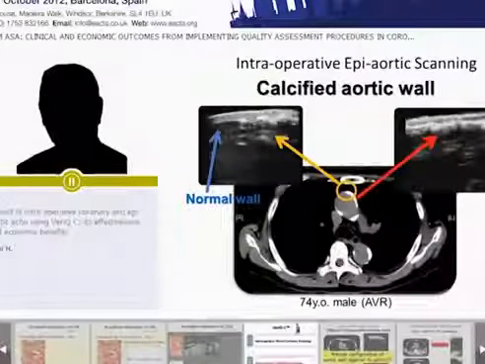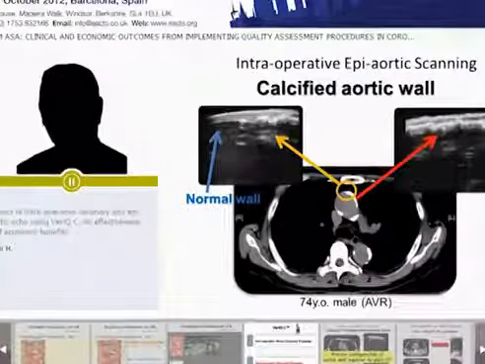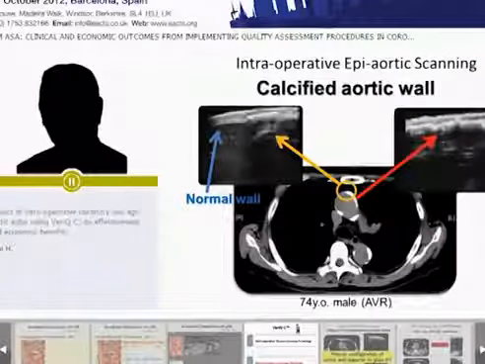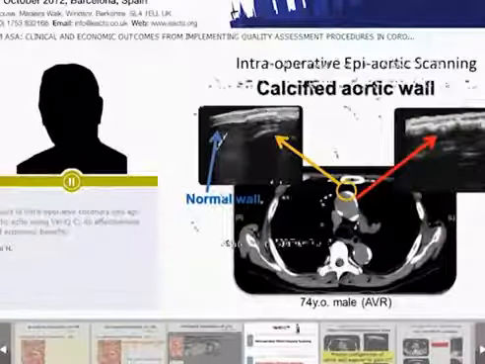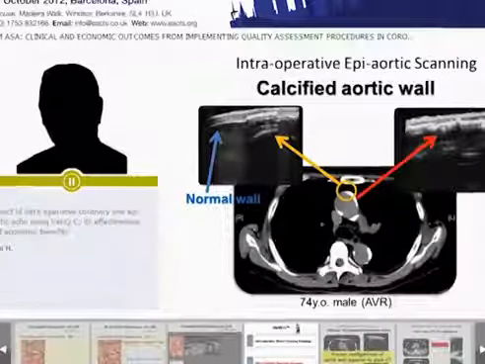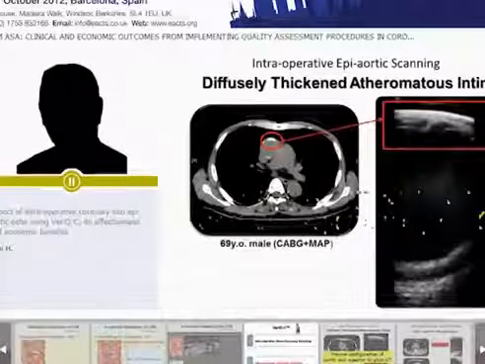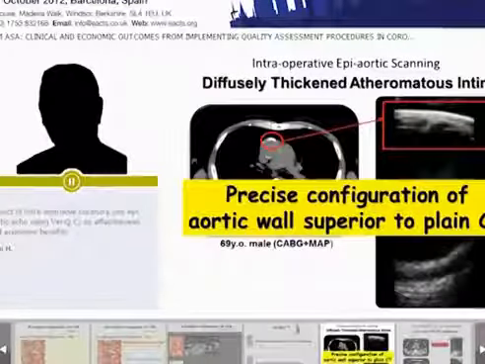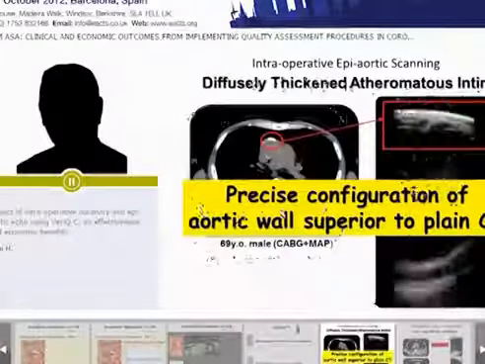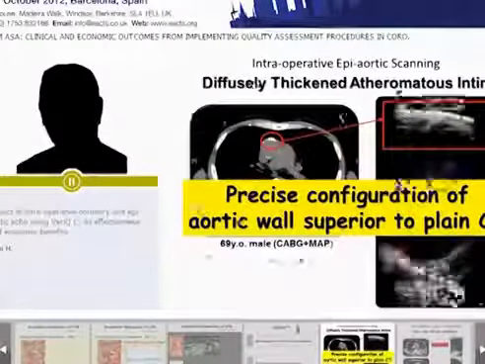For intraoperative epiaortic scanning, if there is a calcified aortic wall, the view is something like this. And if there is a diffusely thickened atheromatous intima, you can find it, and the more precise configuration of the aortic wall is superior to plain CT.